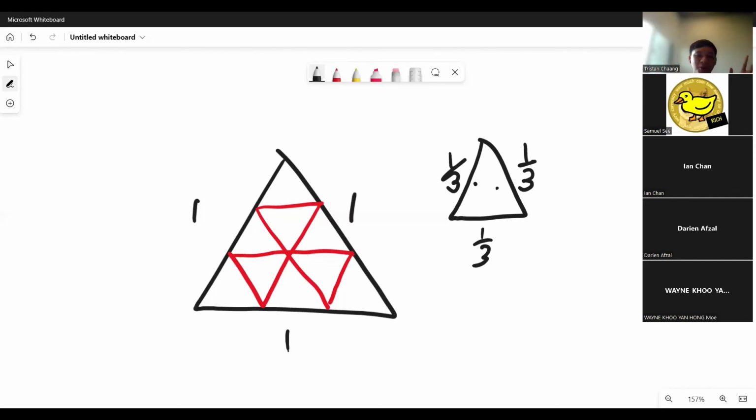So given any 2 points inside here, what I can do, by Pythagoras theorem, the longest length is to put 2 points on the vertices. Okay, but Pythagoras theorem on what?